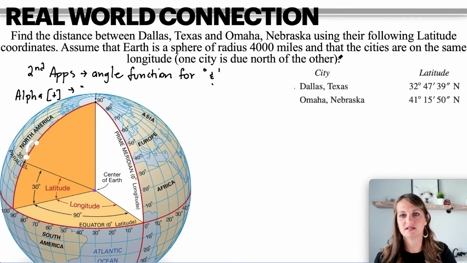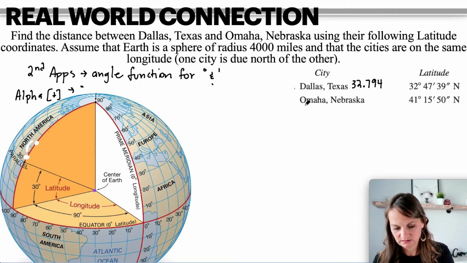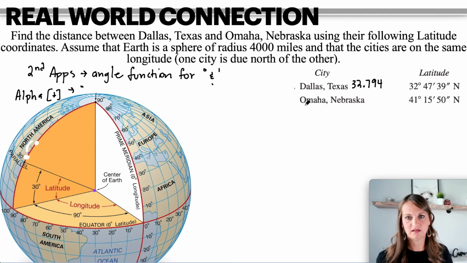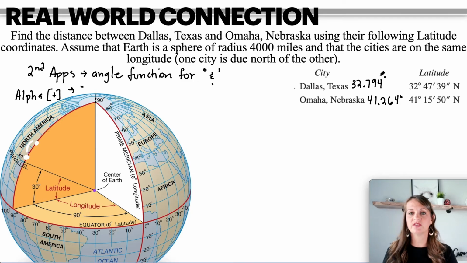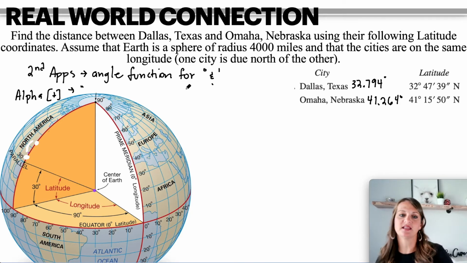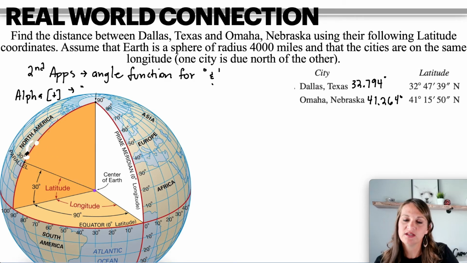And if you do that, then Dallas would become 32.794. Do the same thing with Nebraska, and you would get 41.264. So these are the exact degrees. Dallas is at 32.794 degrees. Omaha is at 41.264 degrees.